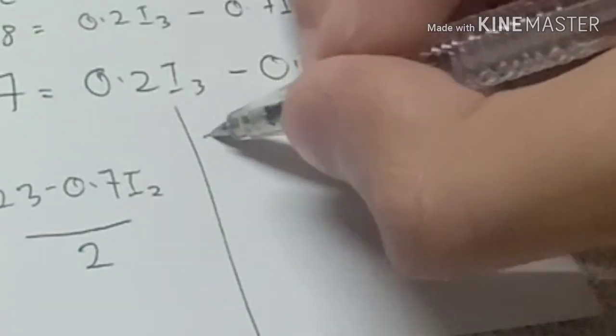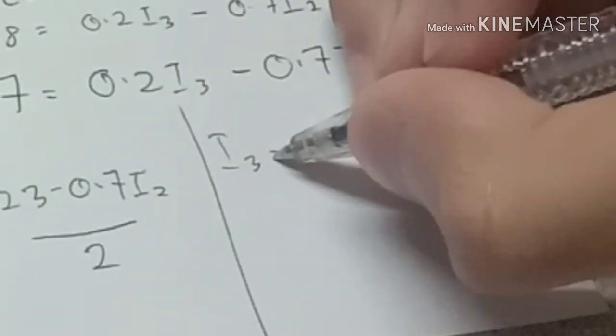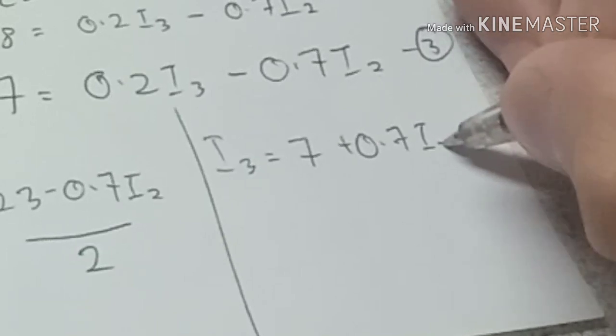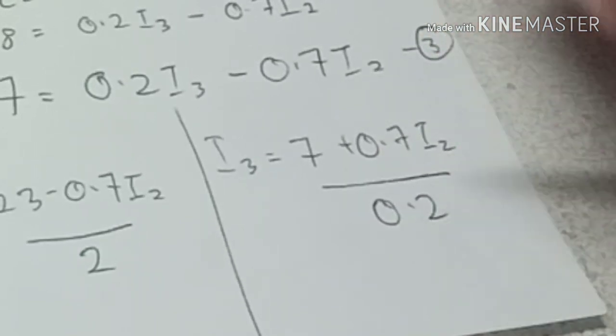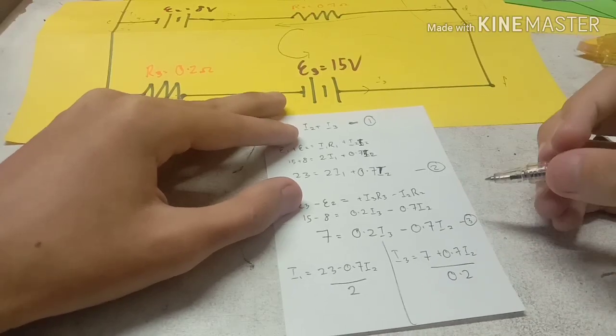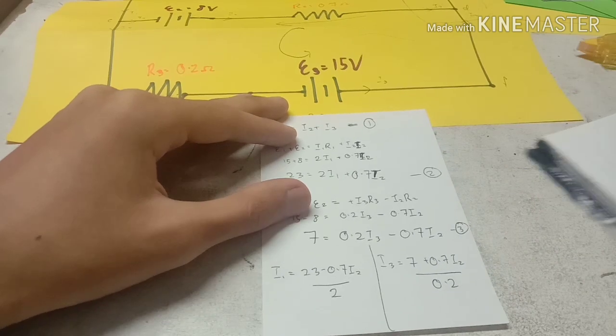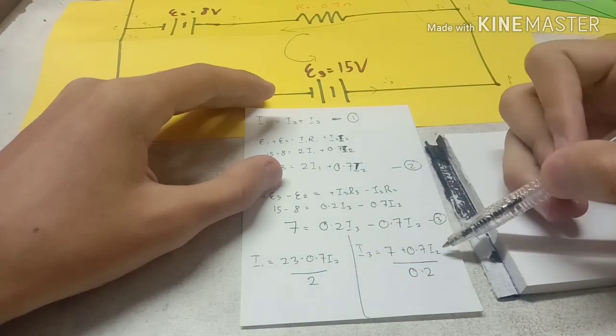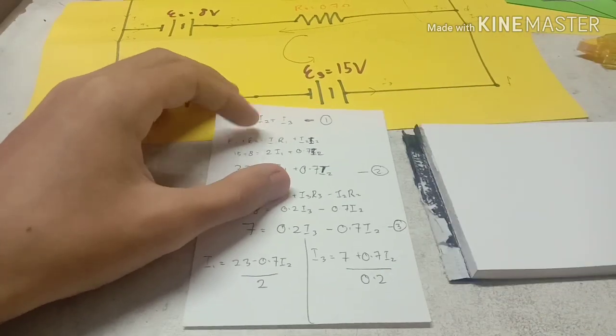and the second equation right here. So this is just rearrangement with the equation right there. So therefore now we have I2 as subject for both equations. Now we can substitute in the first equation easily.